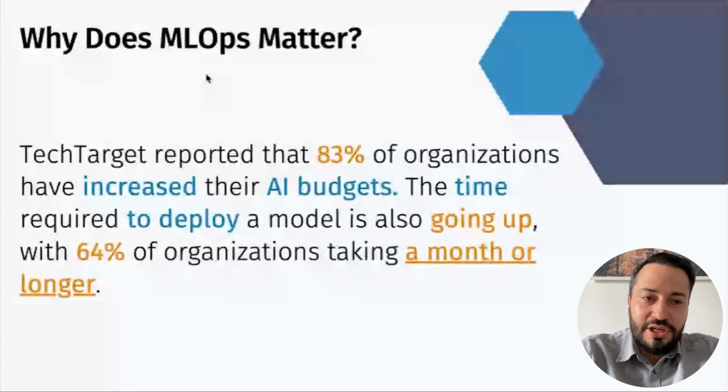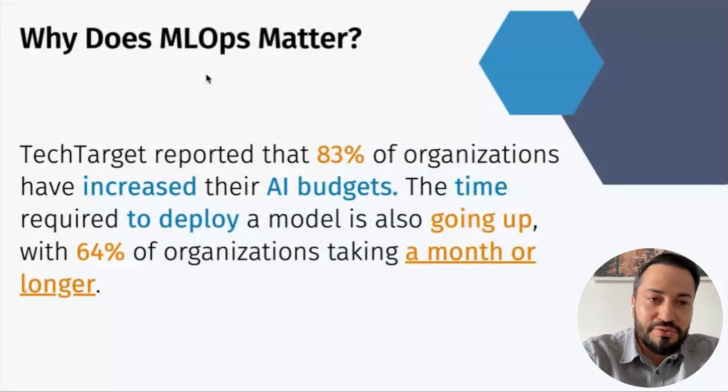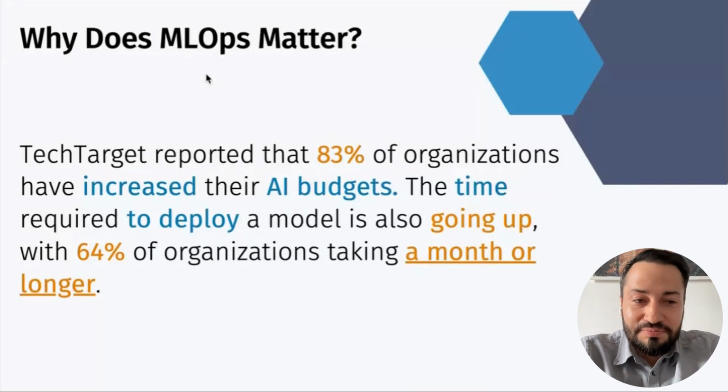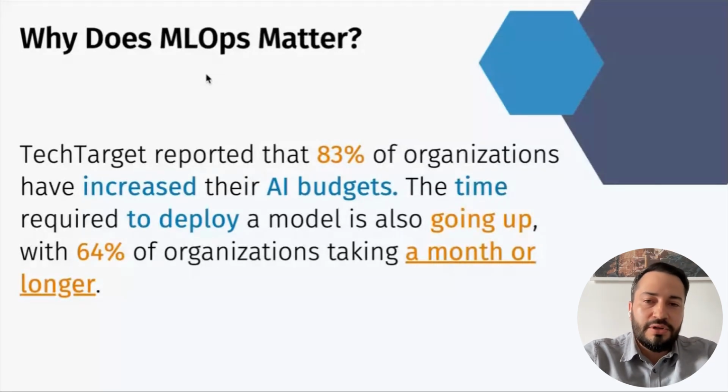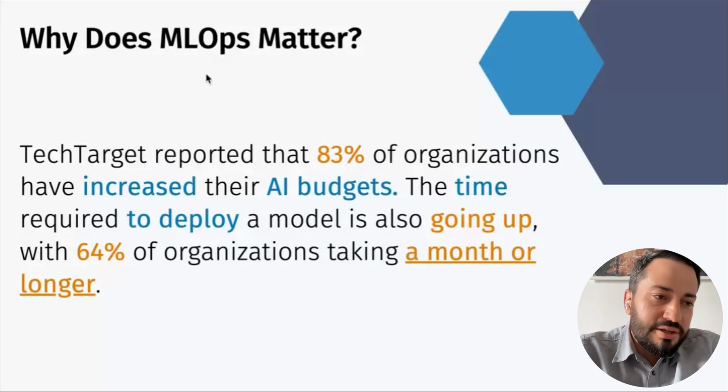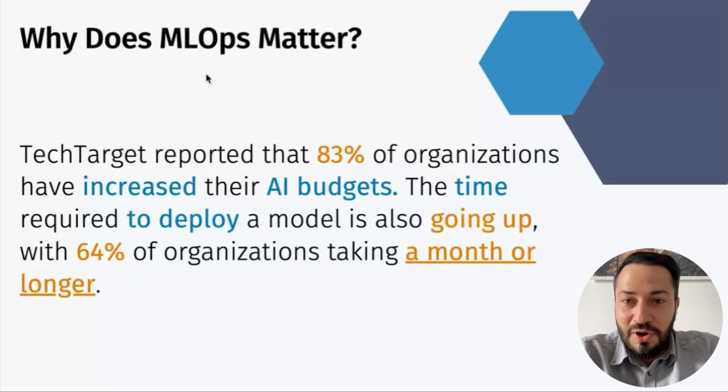Actually, one of the challenges why I'm really encouraged to implement MLOps as early as possible is just this. According to the TechTarget report, 83% of organizations increased their budget for AI, which is obviously because nowadays everyone tries to invest in AI to survive and to be aligned with market trends.